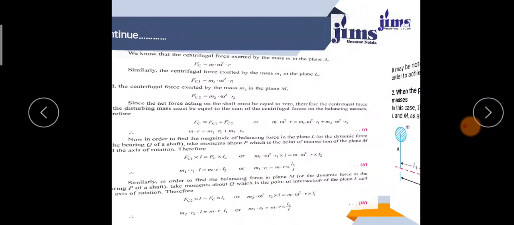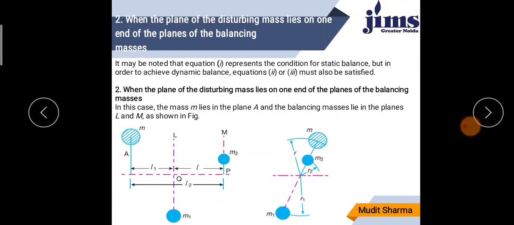Okay, let us take the second case. When the plane of the disturbing mass is at one end of the planes of the balancing masses. This is a similar figure, but something is different. We can see the disturbing mass acts on one end, and it is balanced by the masses in between and at the other end.